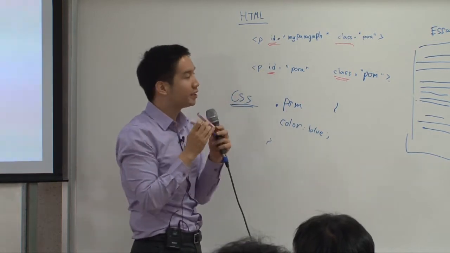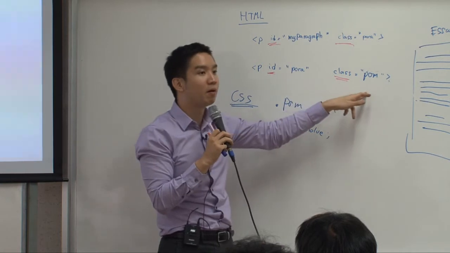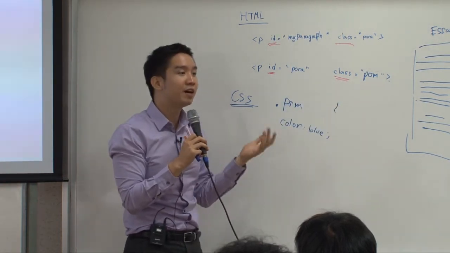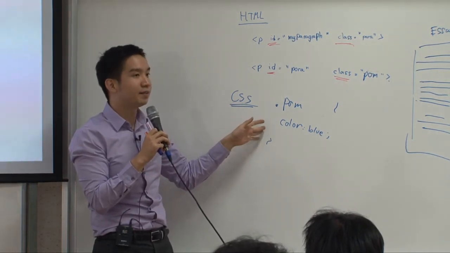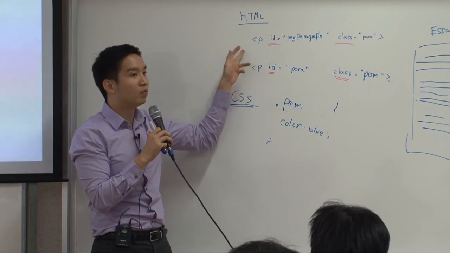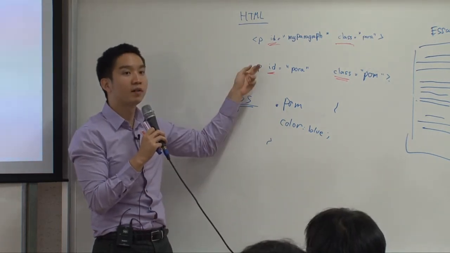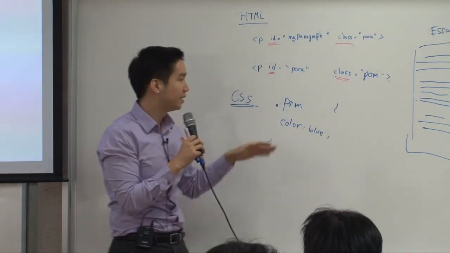This would match all DOM elements that contain the POM class. Is that clear? So if this were my CSS selector, which DOM element would it pick? The bottom one, right? Because the bottom one has the class of POM. Is this clear?